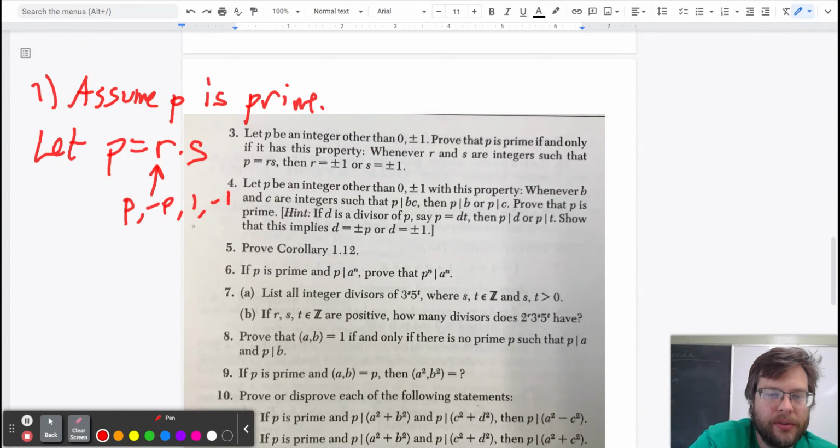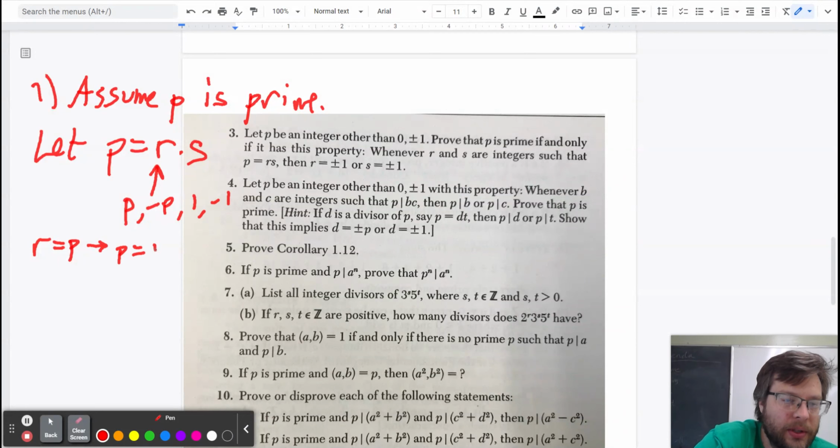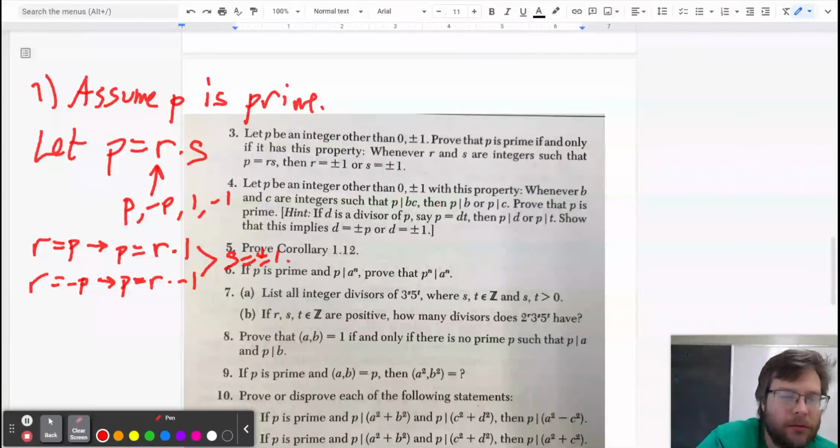So let's just go through each of those cases. So if r is equal to p, then that means p equals r times 1. If r is equal to negative p, that means that p equals r times negative 1. So in these two cases, we see that s is equal to positive or negative 1, which is what we wanted to prove. Same idea with the third and the fourth case.